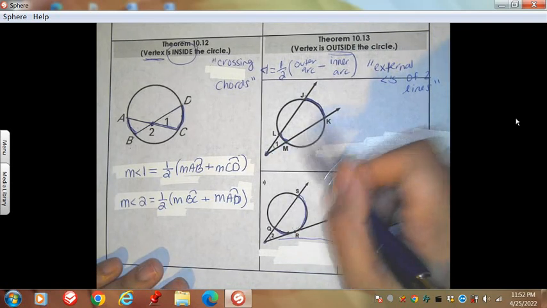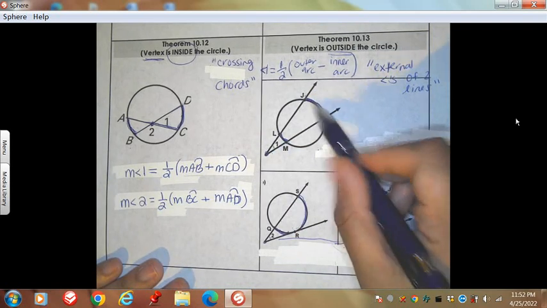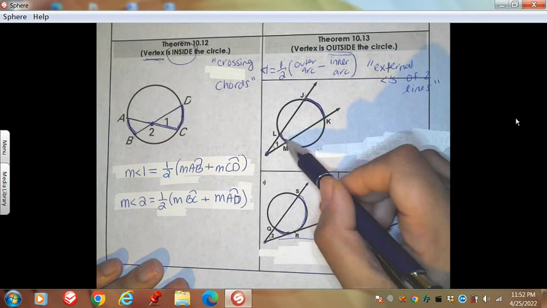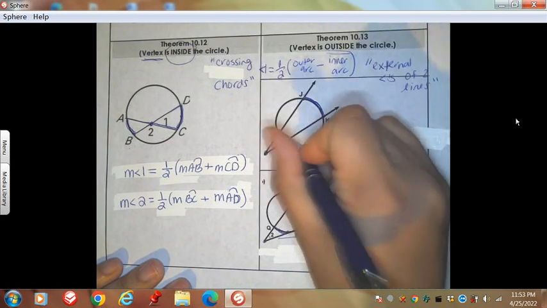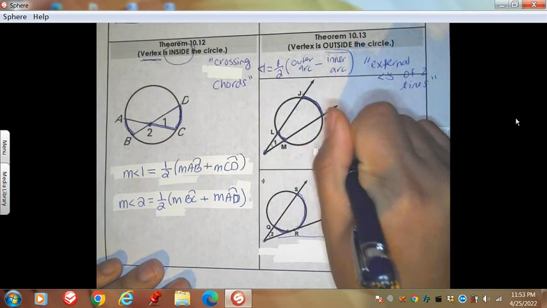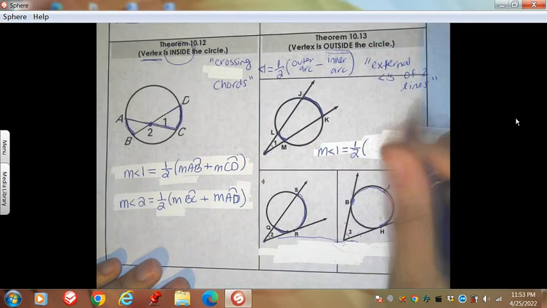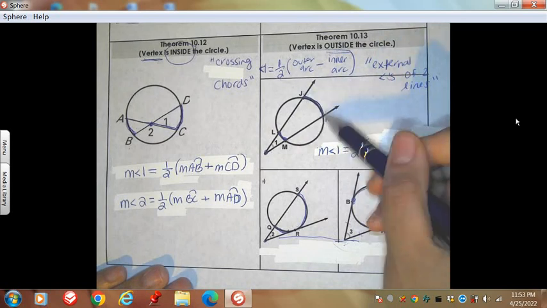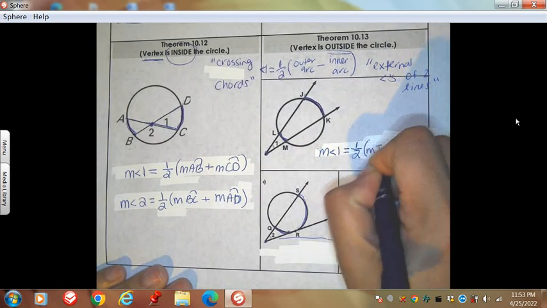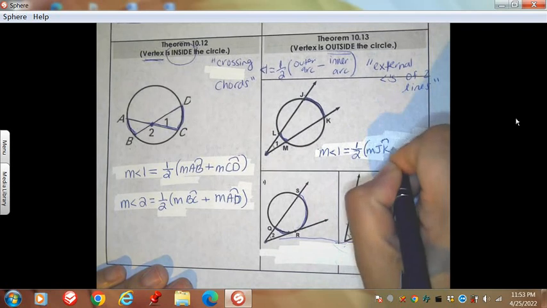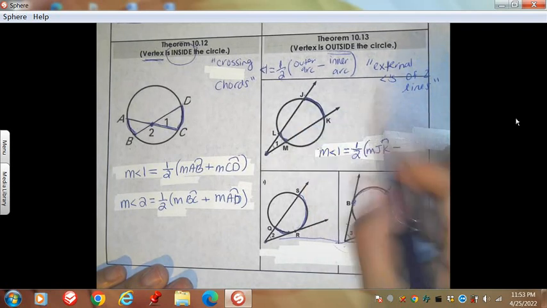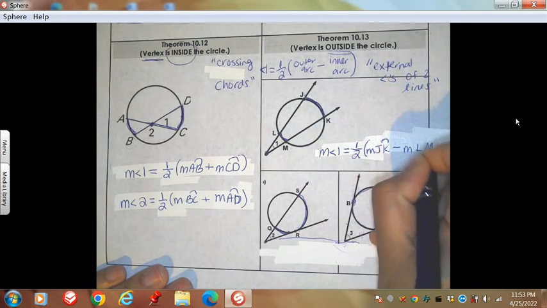You always take the bigger one, which is the outer, and subtract the inner one, which is the smaller one. So this one in this diagram would be measure of angle 1 equals 1/2 again, and then you want to subtract the outer, which is JK, measure of arc JK, minus the measure of arc LM. That's it for that one.